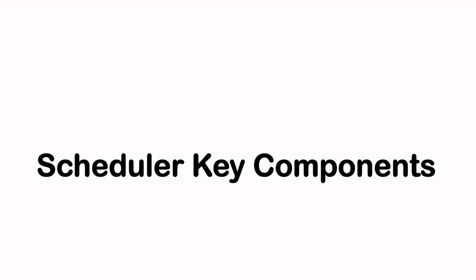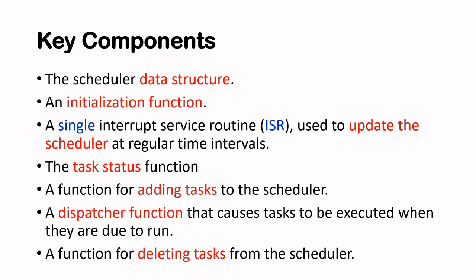Scheduler key components. All right, so here are the key components of the scheduler. First, there is a data structure, then there is an initialization function, then there is a single interrupt service routine, or single ISR, that is used to update the scheduler at regular time intervals.